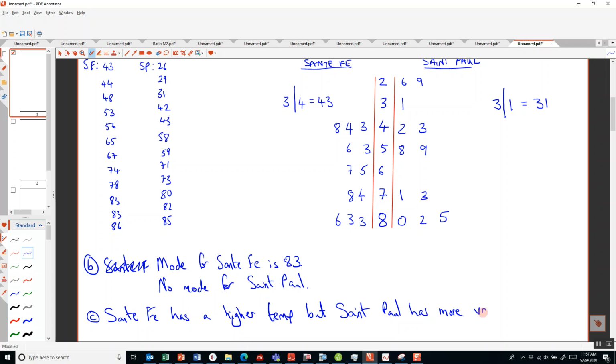So I can say St. Paul has more varied temperature because their temperature goes all the way from 26 all the way up to 85. So there's more variation in the temperature for St. Paul. You just need to say something like that. Easy enough.